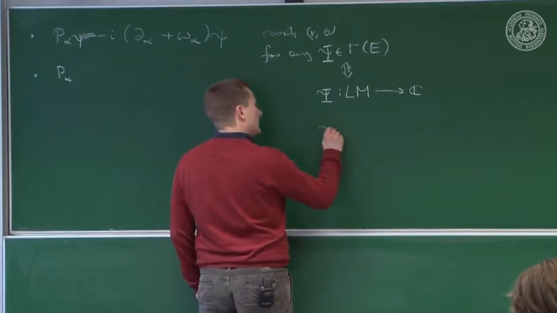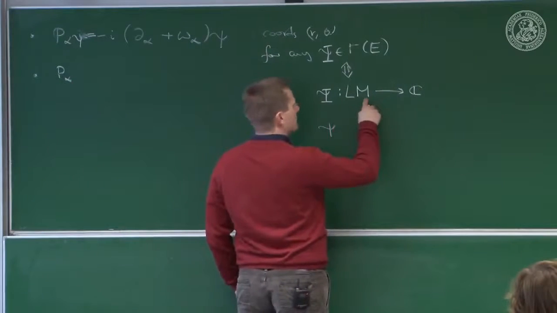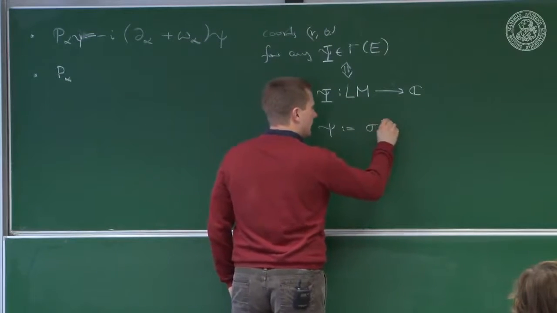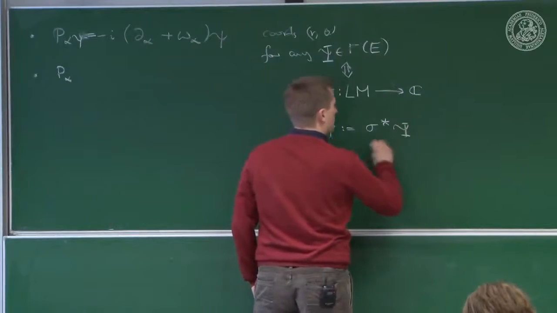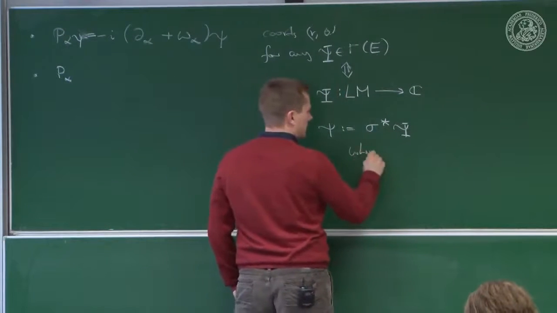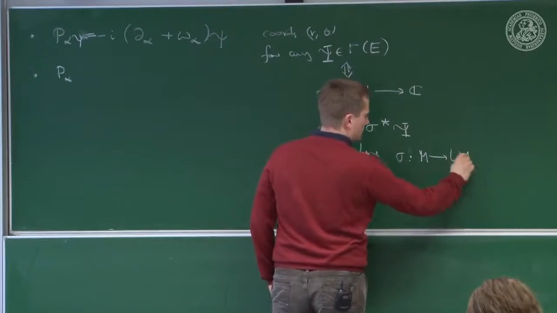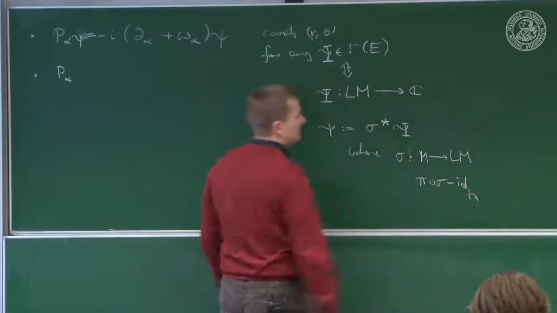And now this psi here is supposed to be the pullback under a chosen section sigma on this principal bundle, where sigma is a section of the principal bundle. So pi after sigma is the identity on the base space.